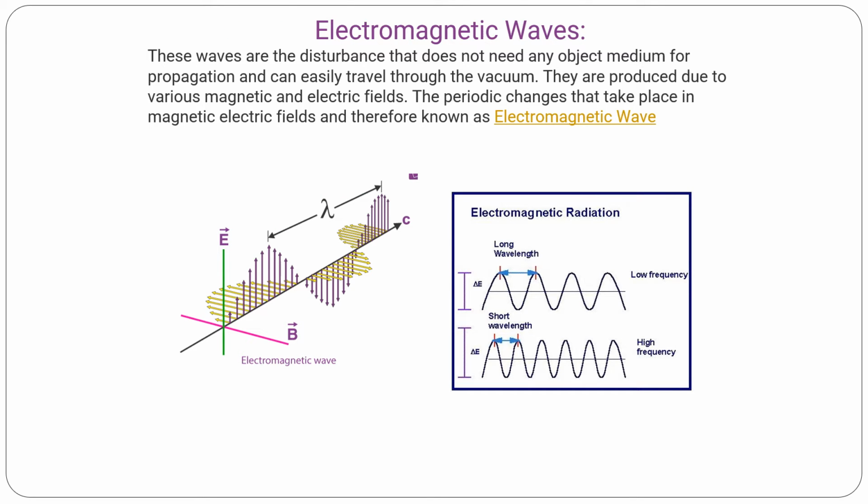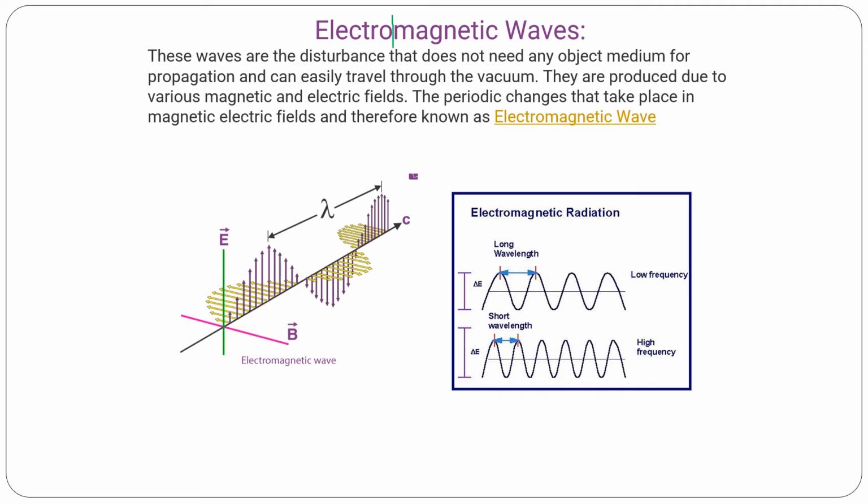As I said earlier, electromagnetic waves are the light, the illuminated radiant energy. This is an example of electromagnetic waves. Electromagnetic means there is an electric and a magnetic field.